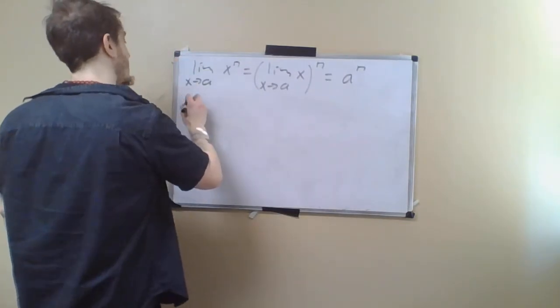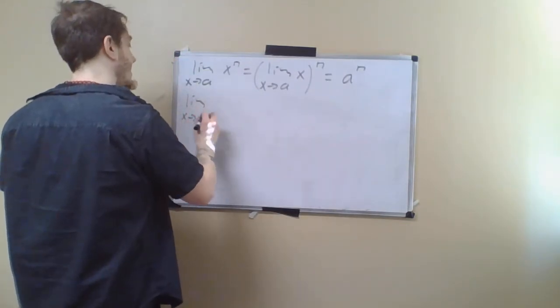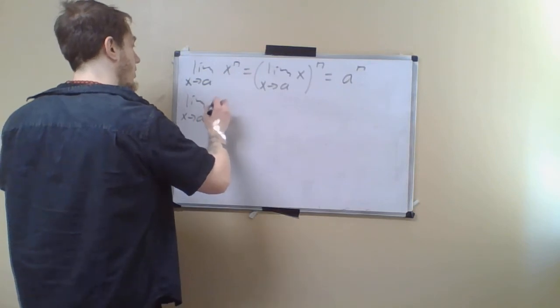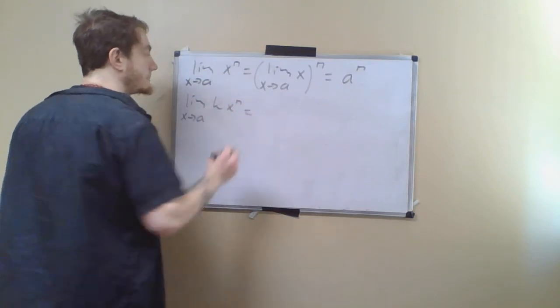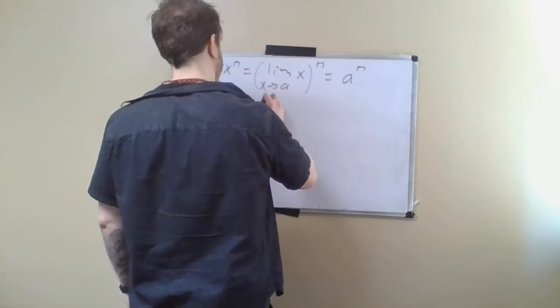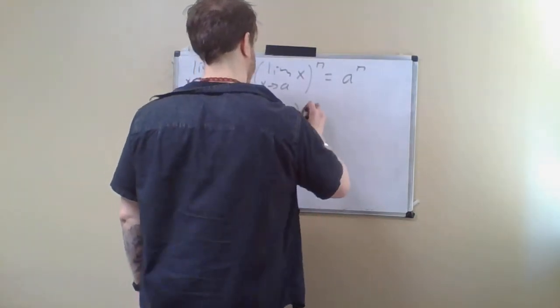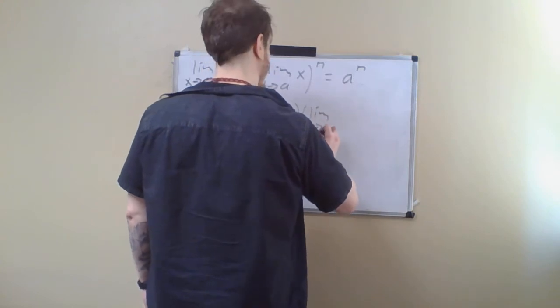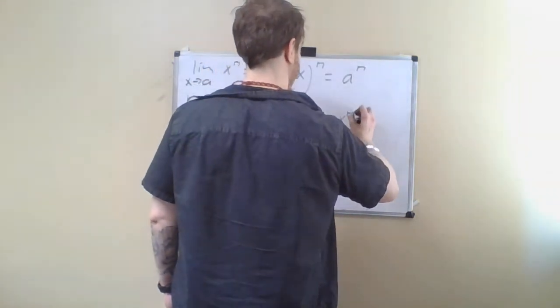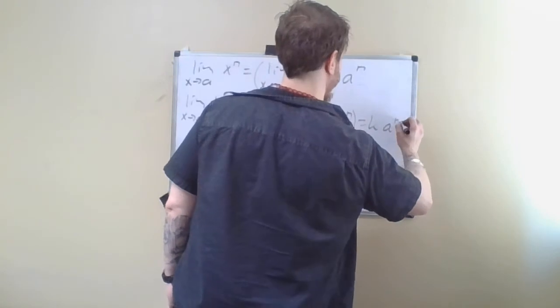And then we can say the limit as x approaches a of k times x to the n is equal to the limit as x approaches a of k times the limit as x approaches a of x to the n. This is just k times a to the n.